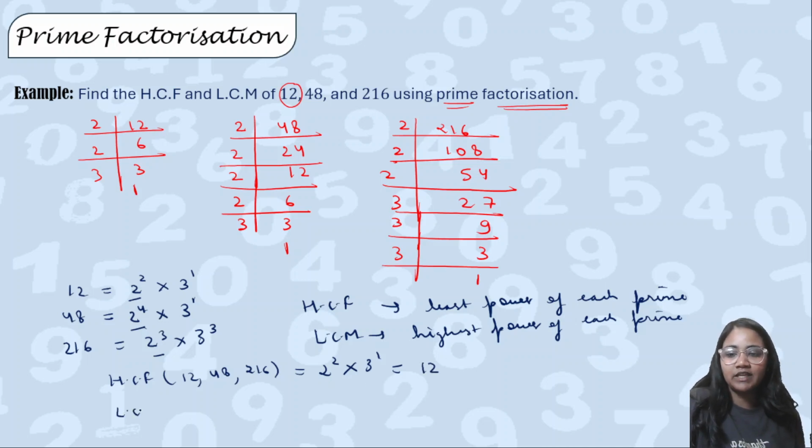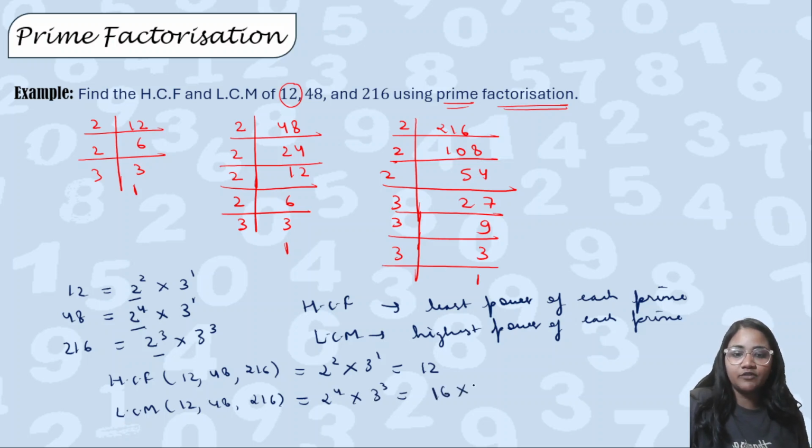And let's see what will be the LCM. LCM of 12, 48 and 216. Highest power of each prime. So we can take 2 to the power 4 into 3 to the power 3. Okay. This is 16 into 27. So this will be the LCM of 12, 48 and 216. Okay.